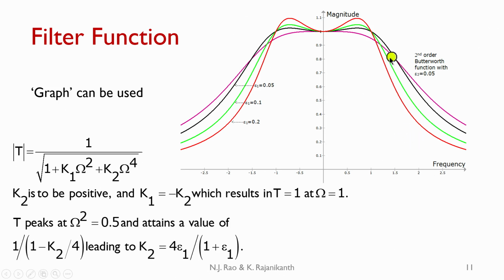If you have that, you may have a little more ripple in the pass band. For some other values of k you have better behavior in the pass band, but less rate of attenuation in the stop band. Such properties can readily be studied by using a simple tool like Graph. It is very easy to understand and very easy to use, and you get the behavior of a static system like this.